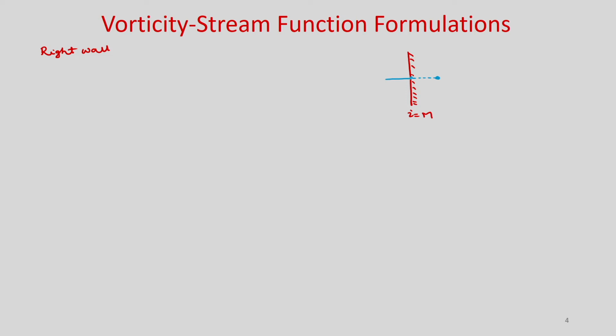You can see this is your I j, this is your I plus 1 j and this is your I minus 1 j. So, I minus 1 j means m minus 1 j, and I plus 1 j means m plus 1 j, and this is your m j.